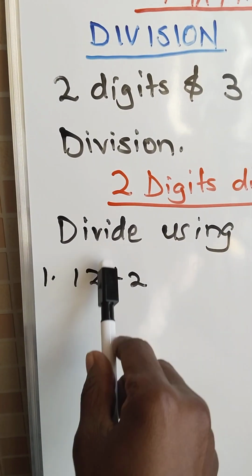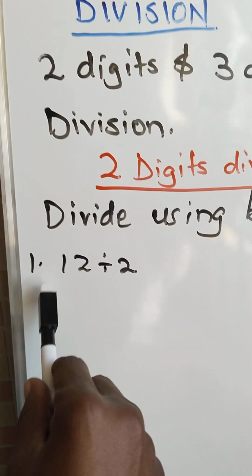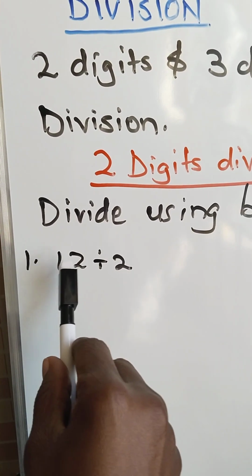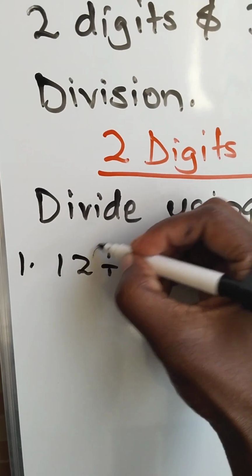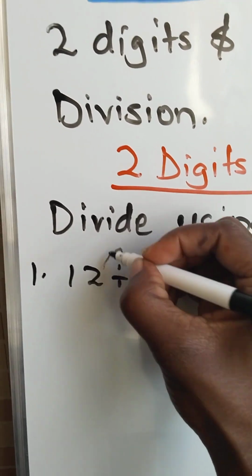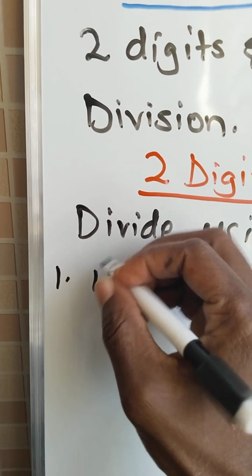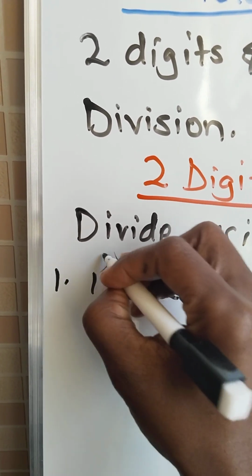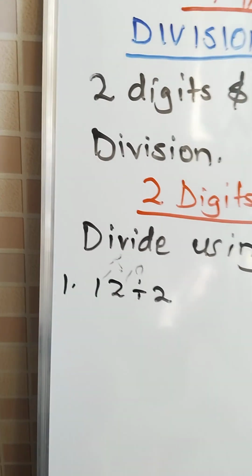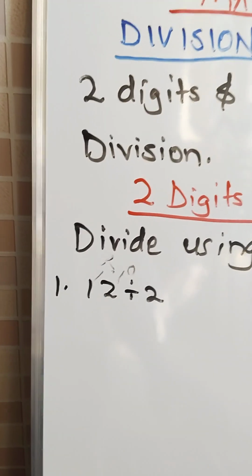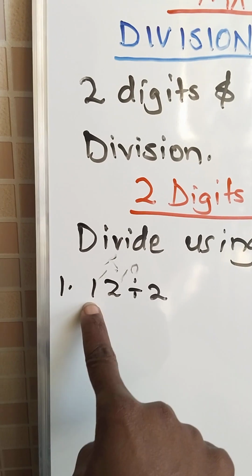Ones and tens, those are 2 digits. In math this is always ones and this is always tens.